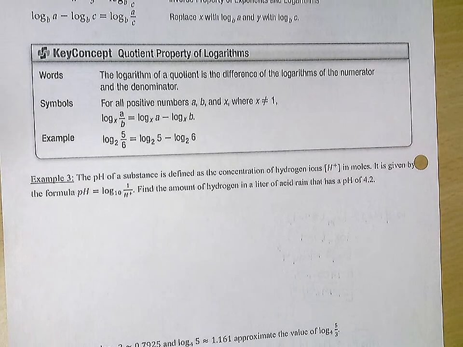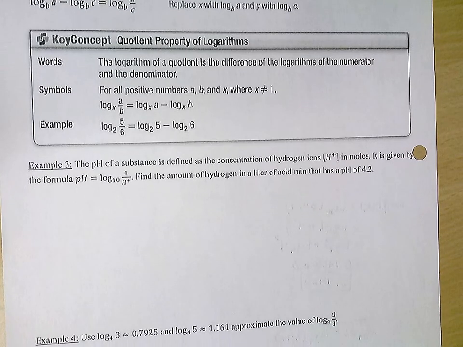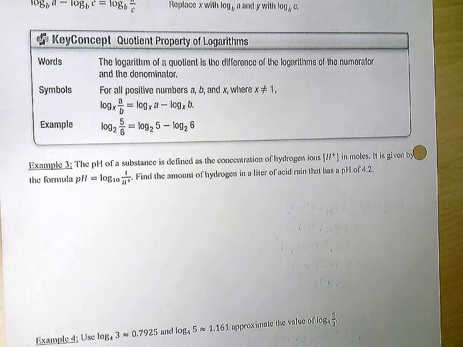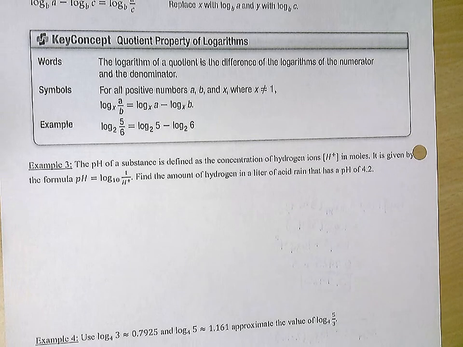Example 3 says the pH of a substance is defined as the concentration of hydrogen ions, H plus, in moles. It is given by the formula pH is equal to log base 10 of 1 over H plus. We want to find the amount of hydrogen in a liter of acid rain that has a pH of 4.2.